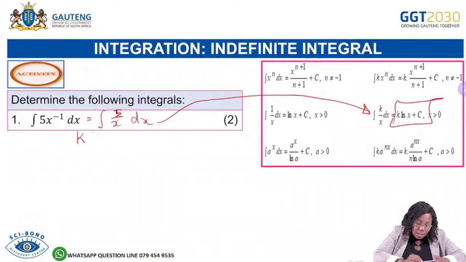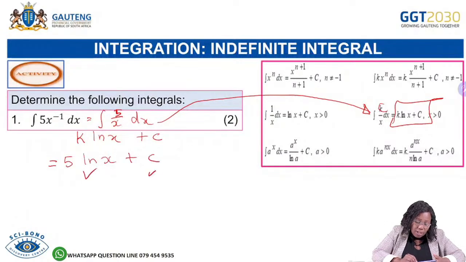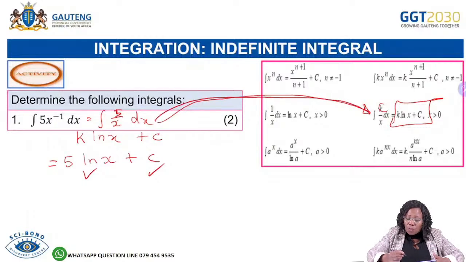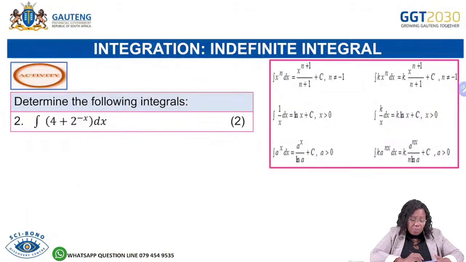K ln of x plus c. And then what is k? K is the constant value that we are having here. Then the answer will be 5 ln of x plus c. Done, grade 12. Then that is your 2 marks. You just relate your integration with the correct rule and then use the rule. The rules are at the back of your question paper there.